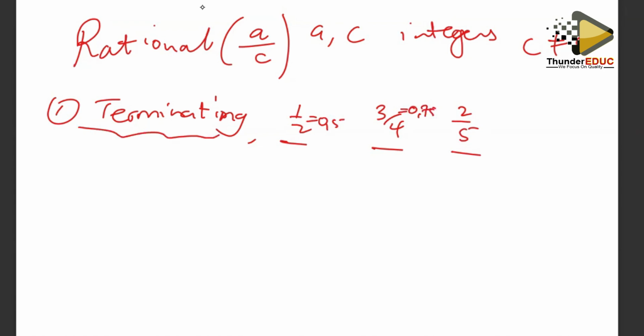How do we convert these terminating fractions into rational numbers? This is a bit easy. An example, if you have 0,5 and you want to move it back to 1 over 2, we look at how many numbers are there after the comma. It's just one digit that's after the comma.